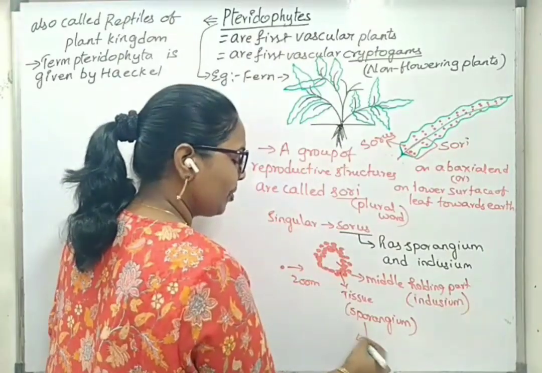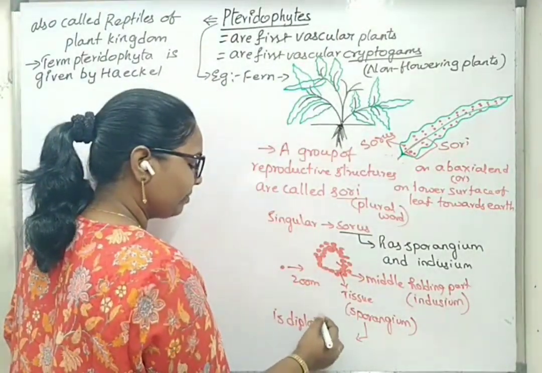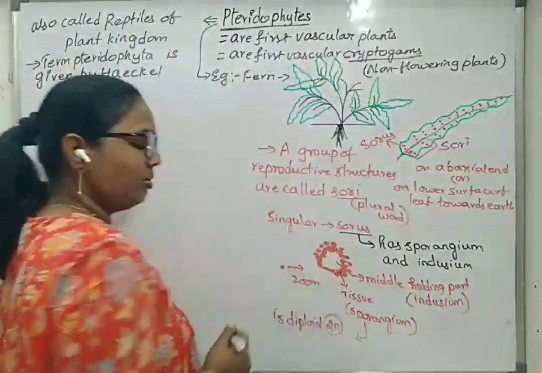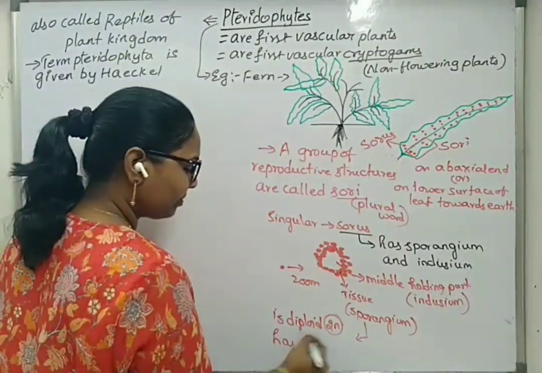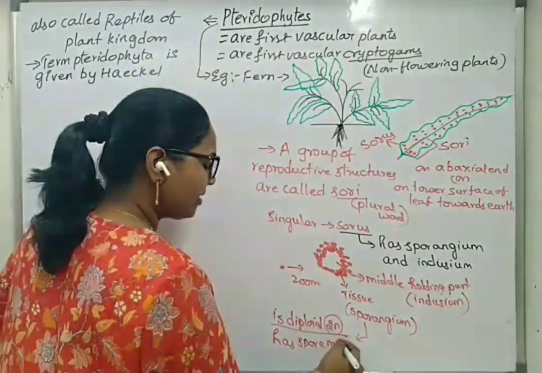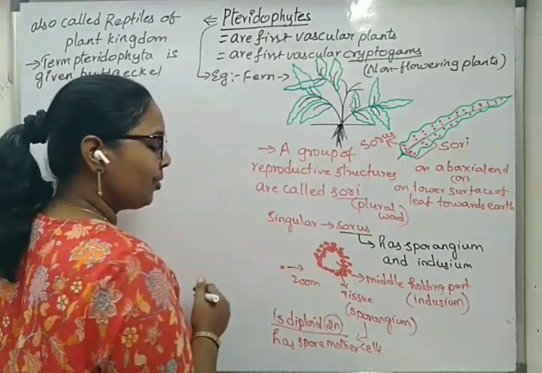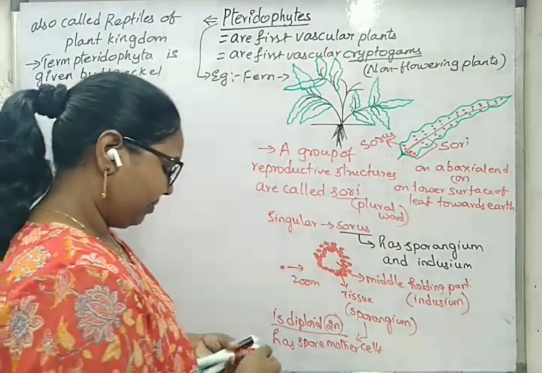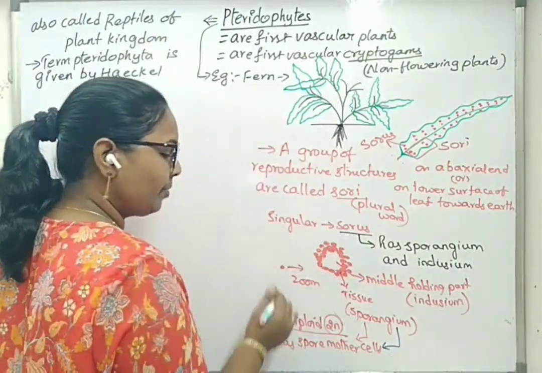Now, the sporangium is diploid in nature, meaning it has two sets of chromosomes. The sporangium has spore mother cells.